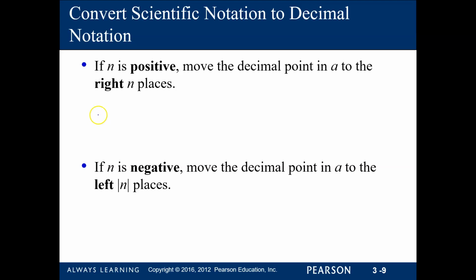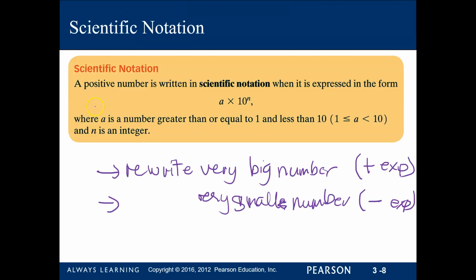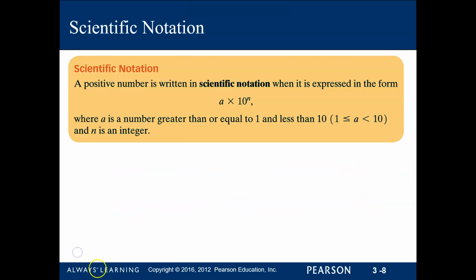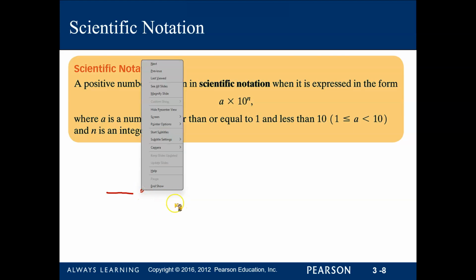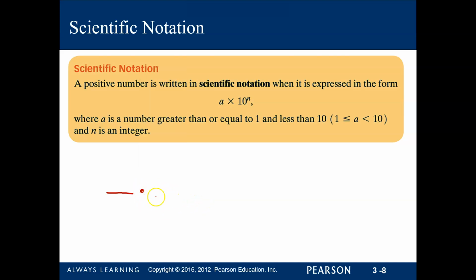Now, one thing you have to remember about scientific notation is that it is always written with 1 digit, then a decimal point, and then it could be several digits. There should always be only 1 digit to the left of the decimal point.